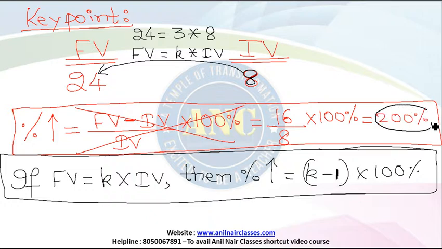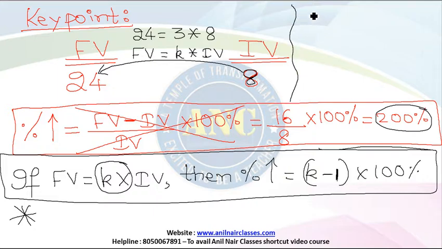That is what I got here also. If final value is k times of initial value, then percentage increase is (k minus 1) into 100 percent. That means if it is k times, your answer is (k minus 1) into 100.